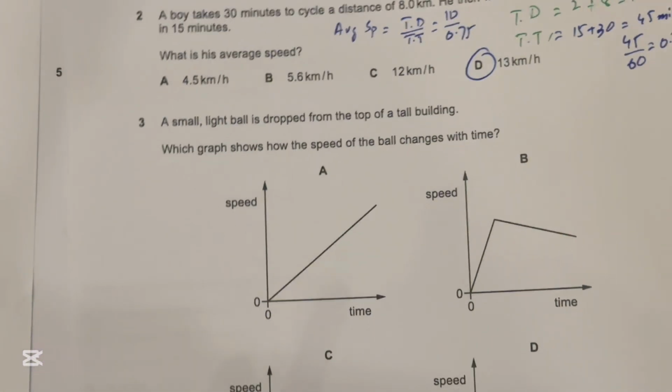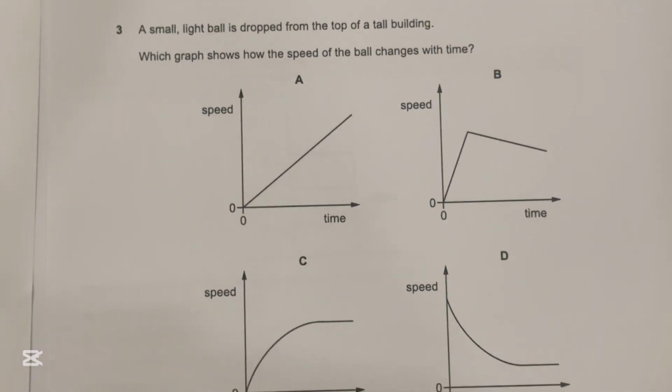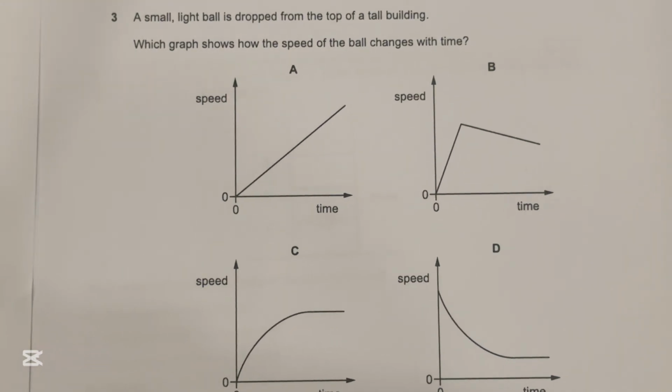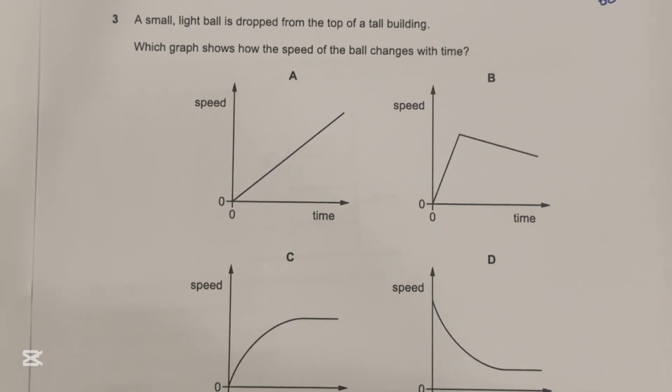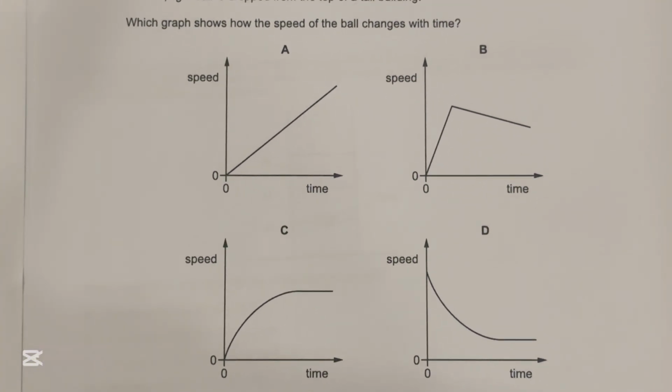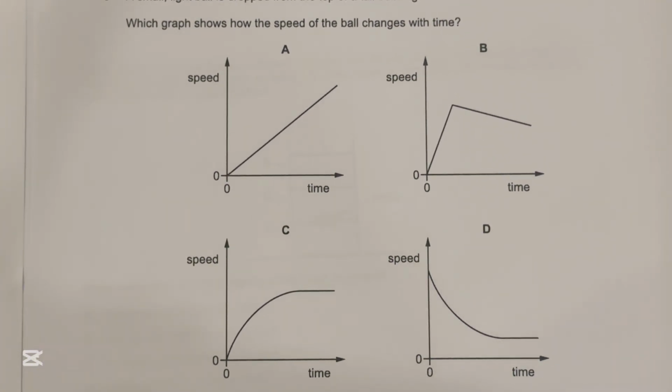Moving to question number 3. A small light ball is dropped from the top of a tall building. Which graph shows how the speed of the ball changes with time? We know that when any object falls, after some time it starts to increase its speed, and after some time there is a point when the air resistance is equal to the weight of the object.